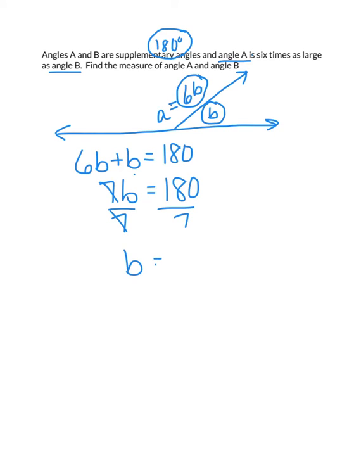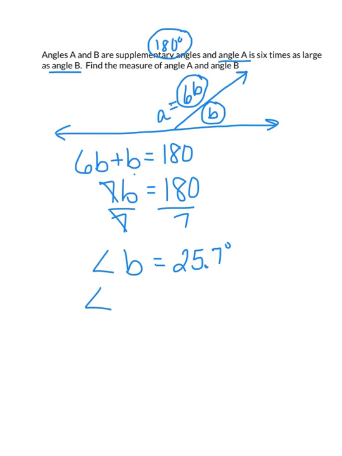It's not going to come out to a nice number, but we're going to round. I think Pearson hopefully will give you a nice number. I didn't. So I'm going to do 180 divided by 7 on my calculator, and it gives me 25, I'm going to round it to 25.7. So angle B is 25.7 degrees.